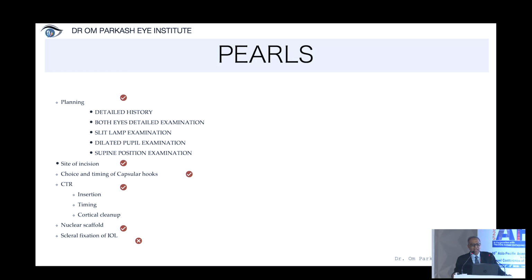We have to realize that there are certain basic pearls which we have to know. As far as the planning is concerned, a detailed history is obligatory and mandatory. Both eyes need detailed examination. Slit lamp examination for phacodonosis or some subluxation has to be seen.